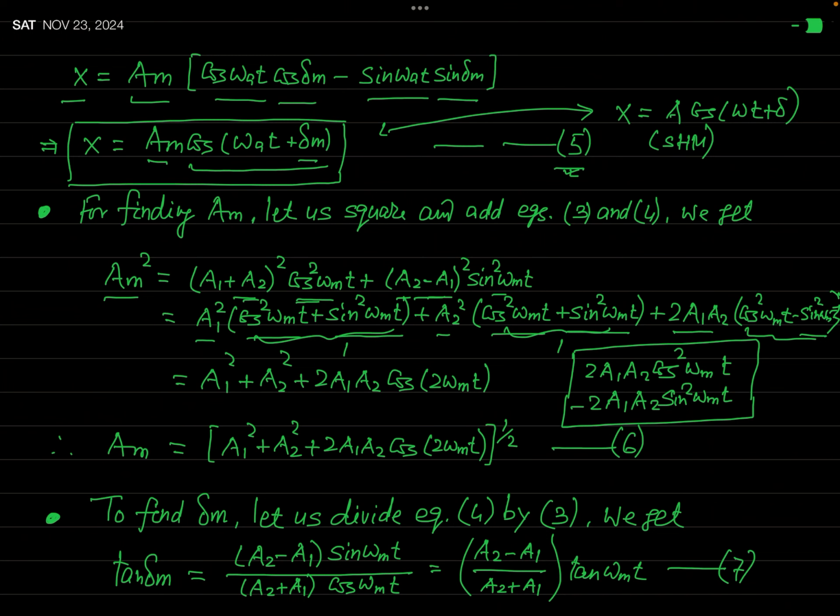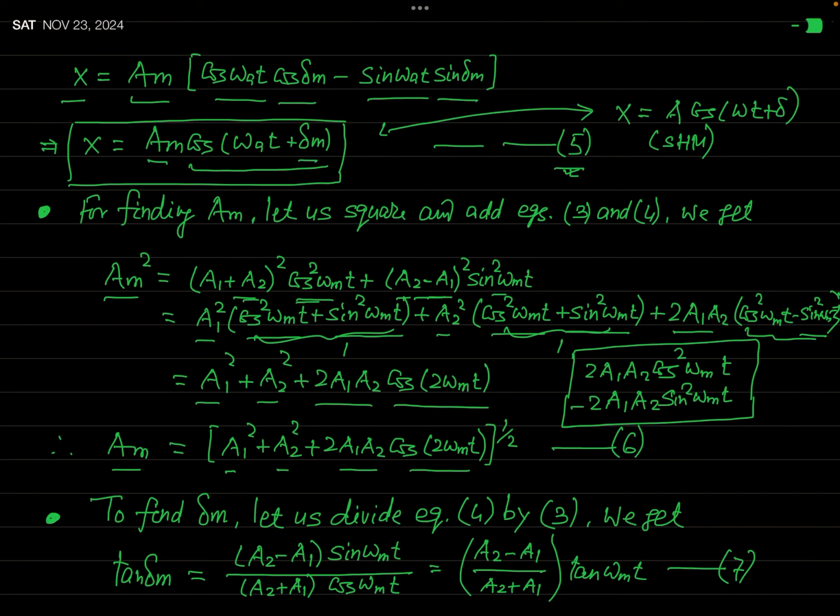So utilizing that formula, Am square will be simply equal to a1 square plus a2 square plus 2a1 a2 cosine of 2 omega mt. And therefore Am is equal to the square root of a1 square plus a2 square plus 2a1 a2 cos 2 omega mt. So this is the value of Am in terms of a1, a2 and the modulated frequency omega m.